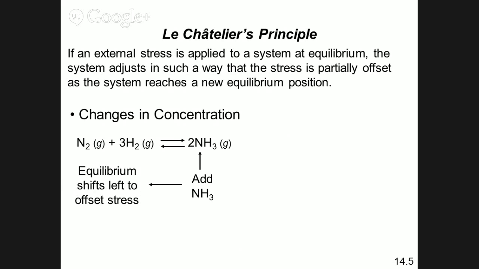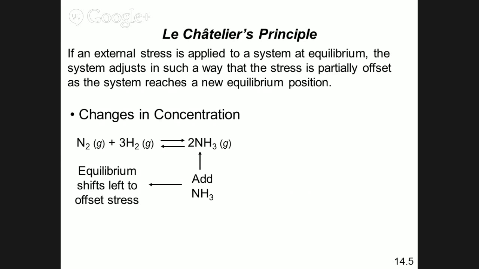Basically, the equilibrium will shift to the left, and by that I mean it will have more reactant and less product to offset the fact that we added in some NH3. Now, it will not get rid of all the extra NH3 that we added, okay? But it'll offset it a little bit.